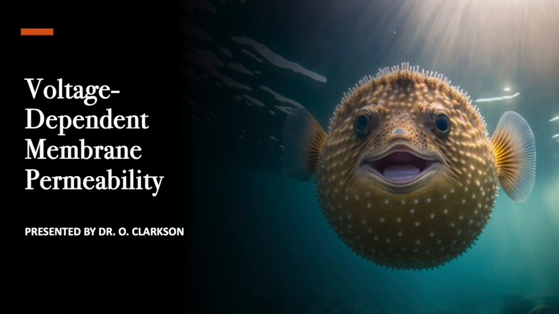Initially, Vc is at the holding voltage, -65 millivolts, which is identical to the resting potential. When Vc is adjusted to 0 millivolts, the voltage clamp amplifier injects current to push the membrane potential to 0 millivolts.